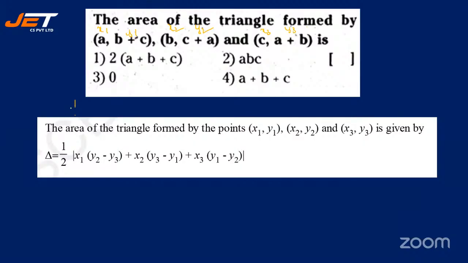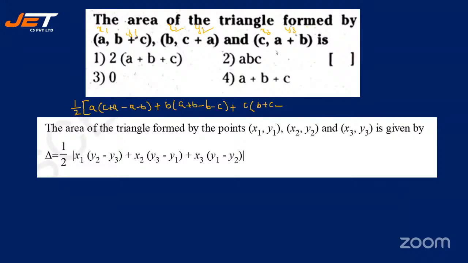So half into x1, a, into y2 minus y3, which is c plus a minus a minus b, plus x2, b, into y3 minus y1, which is a plus b minus b minus c, plus x3, c, into y1 minus y2, where y1 is b plus c, minus y2, right?